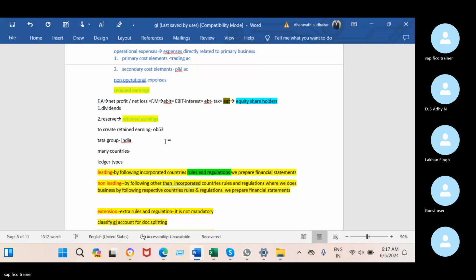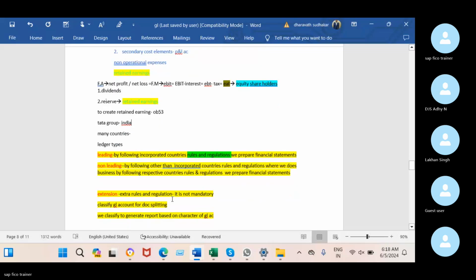If you prepare financial statements by following the incorporated country's rules and regulations, we call it the leading ledger. Other than the incorporated country's rules and regulations, if you do business in any country by following that particular country's rules and regulations, whatever books of accounts you maintain, we call it the non-leading ledger.